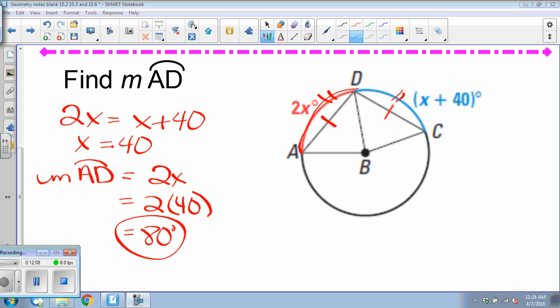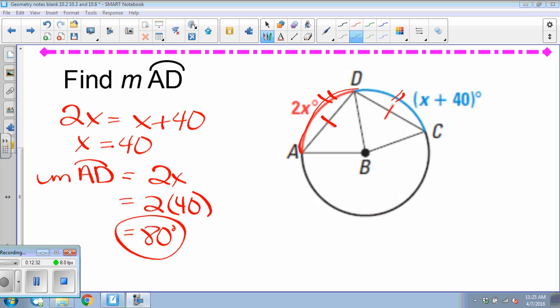I'll tell you, for each one of the problems, when I look at a problem, I look at the drawing and I first mark everything that I know that is congruent in the drawing. I may mark more information than necessary, but I say, okay, this is congruent to this because of this. And then I look at what they ask me to find.